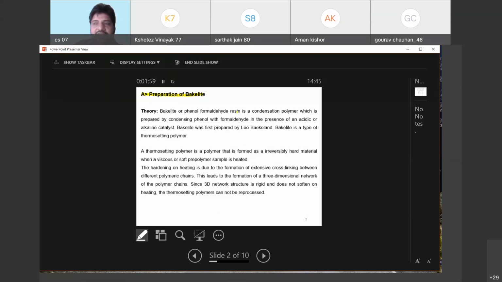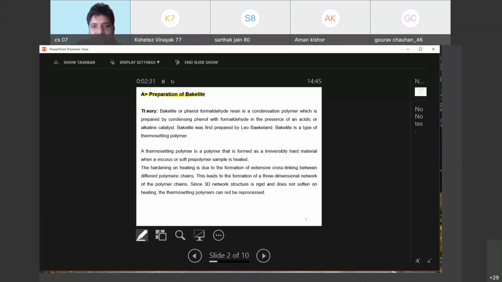Chain growth means formation of a chain, and that involves three main steps: chain initiation, chain propagation, and chain termination. On the other hand, condensation polymerization is called step growth polymerization, where we have steps only. So here we will discuss how we can prepare bakelite.